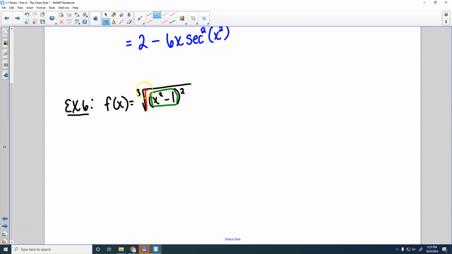This would be an example of a triple chain rule, but we can get around it. If you leave this equation like it is right now, it's got a triple chain rule. You got the cube root you got to deal with first, then the square on the inside, then the x squared minus 1.